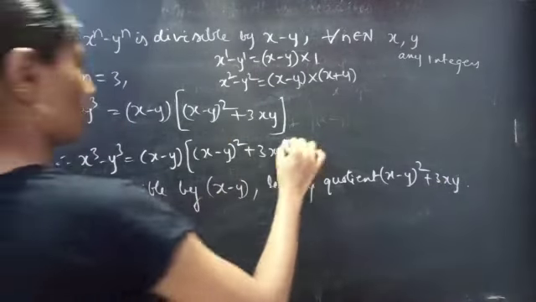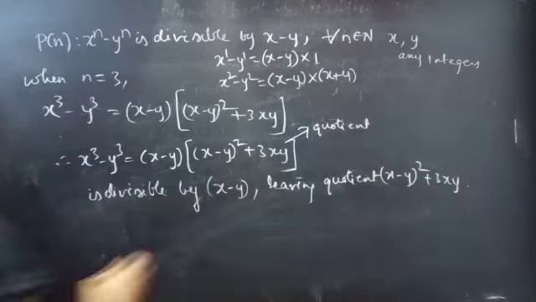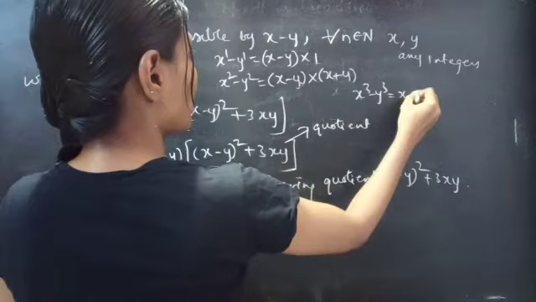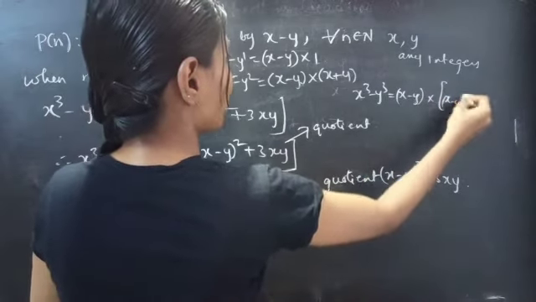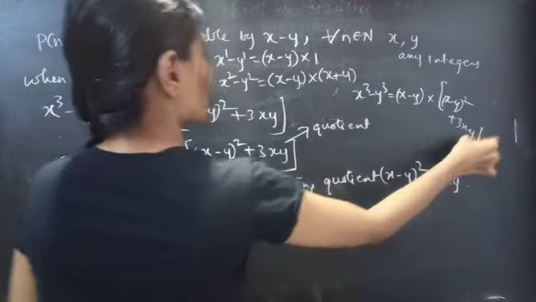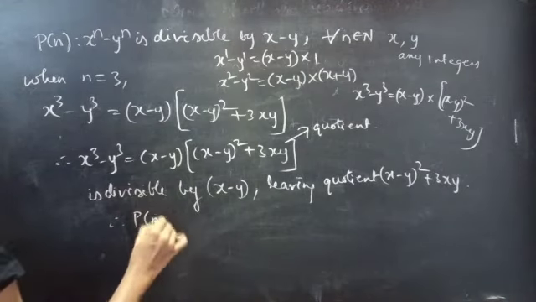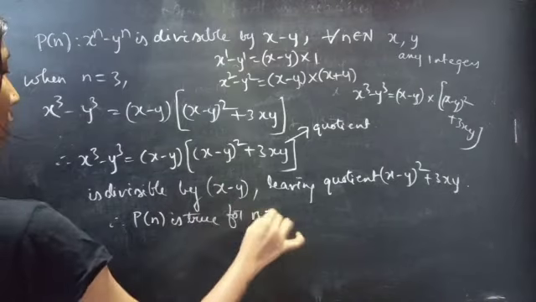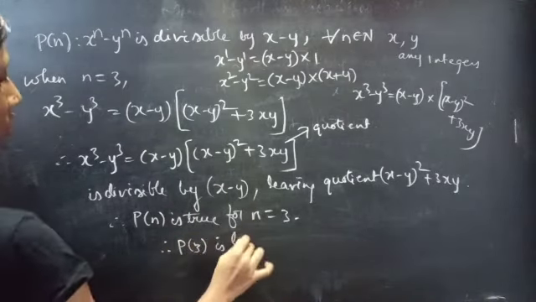This is the quotient. So we got x cube minus y cube equals (x minus y) into some quotient, (x minus y) whole square plus 3xy. Therefore P of n is true for n equals 3. From this we can say that P of 3 is true.